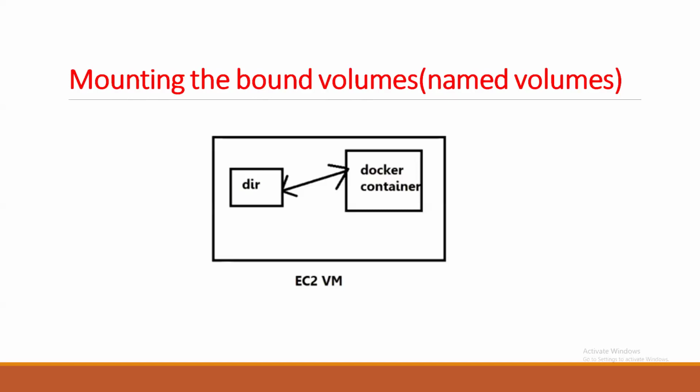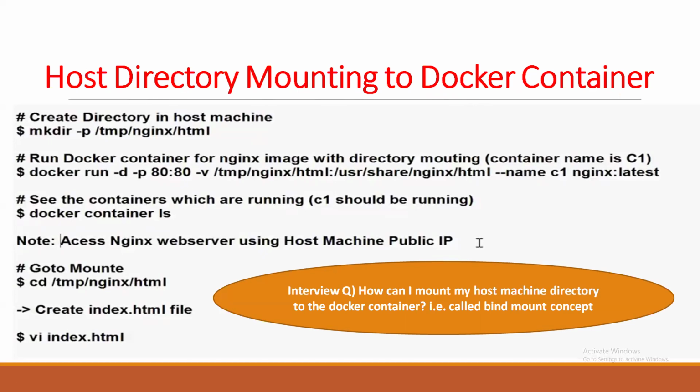Host directory means your EC2 instance directory mounting to the Docker container. What is the host, guys? The EC2 instance. So whatever the host directory, the EC2 instance directory, that is mounted directly to the container. That is nothing but bind mounting, or host directory mounting.